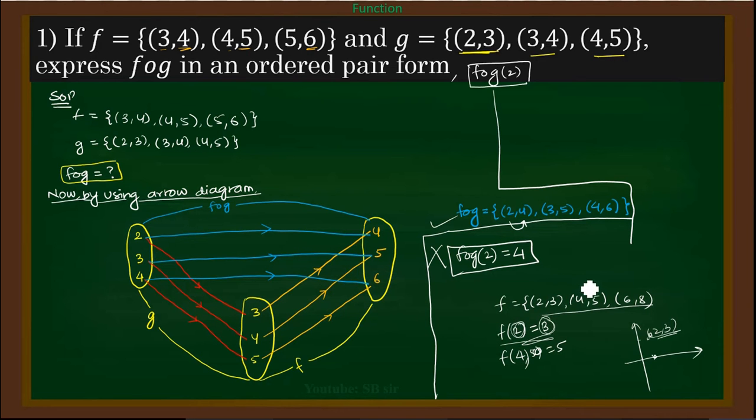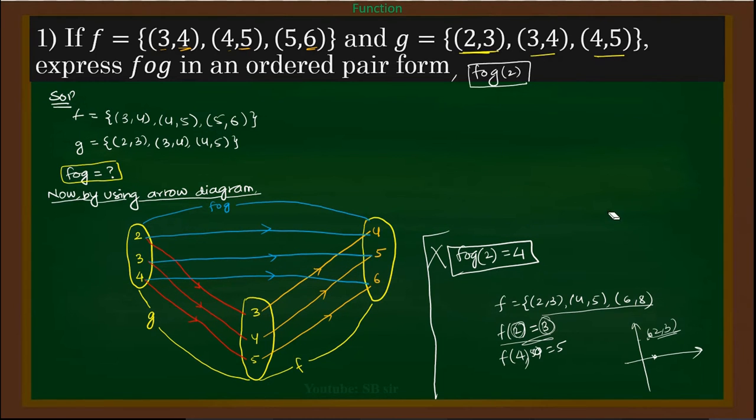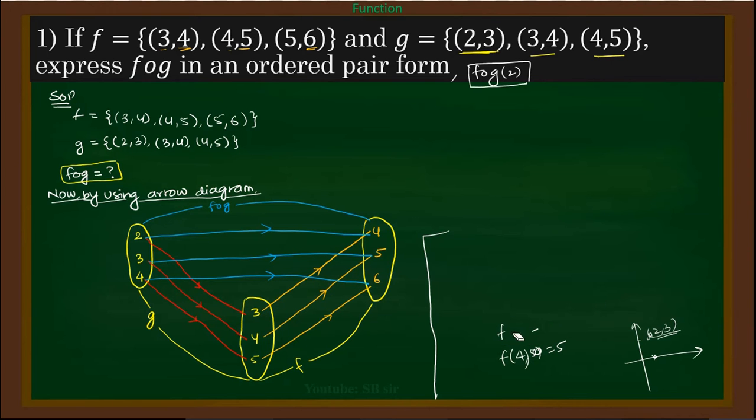Okay. So I was discussing the alternative method to find the value of F composite G2 without drawing this whole arrow diagram. Let me discuss how to find the value of F composite G2 without drawing the arrow diagram. Just a minute, let me erase this.